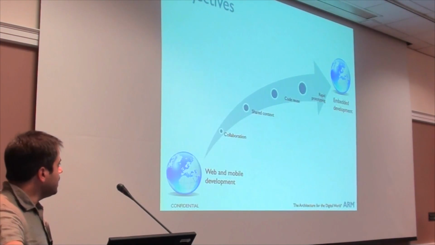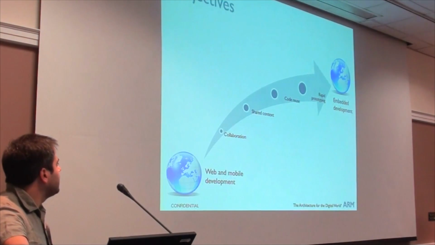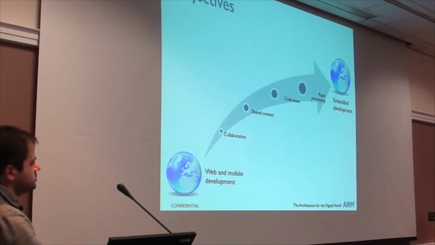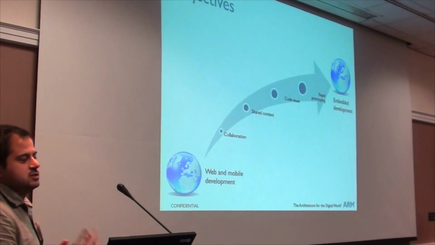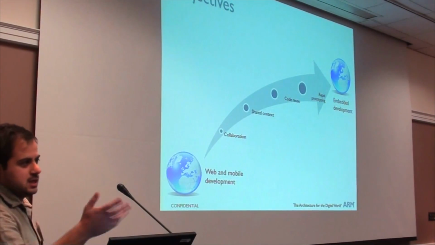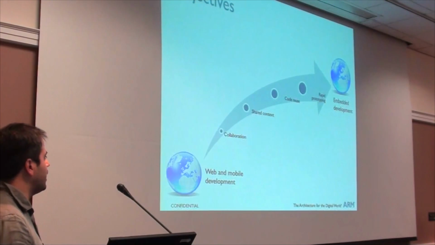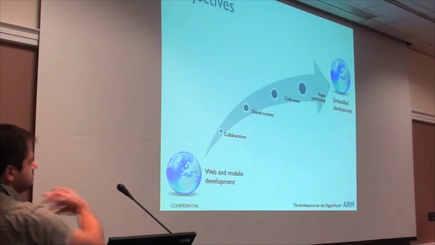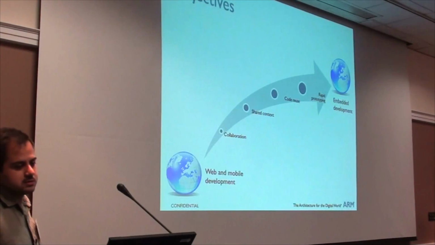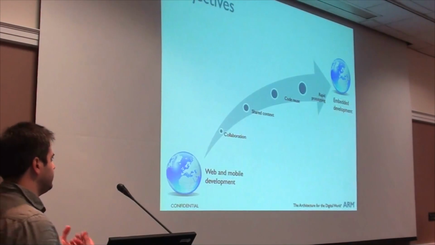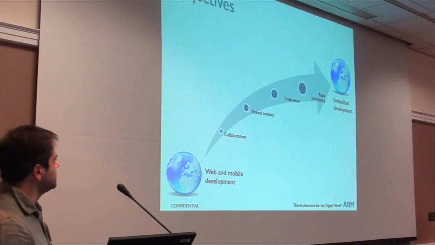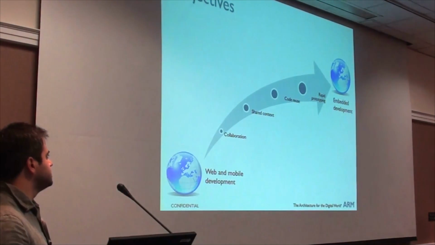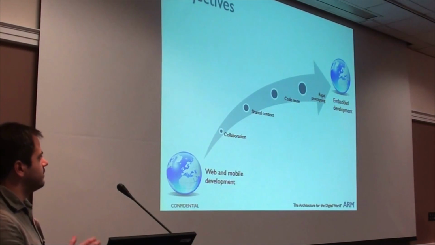So our objectives are to take the explosion in innovation and the size of the ecosystem that Simon mentioned earlier in the web and mobile spaces, and try and bring some of those benefits to the embedded development world. The ways we're trying to achieve this is by enabling these benefits, which typically have been a little bit lacking in the embedded development world.